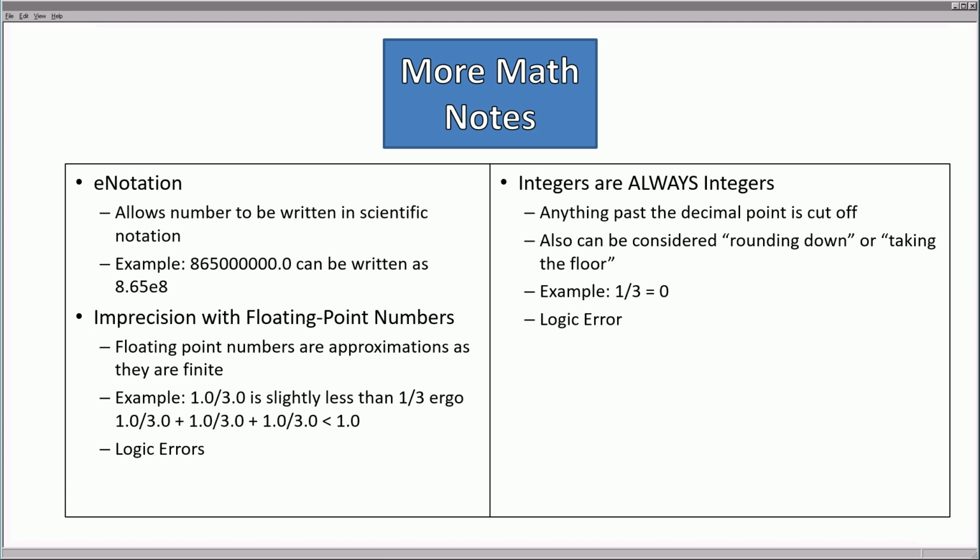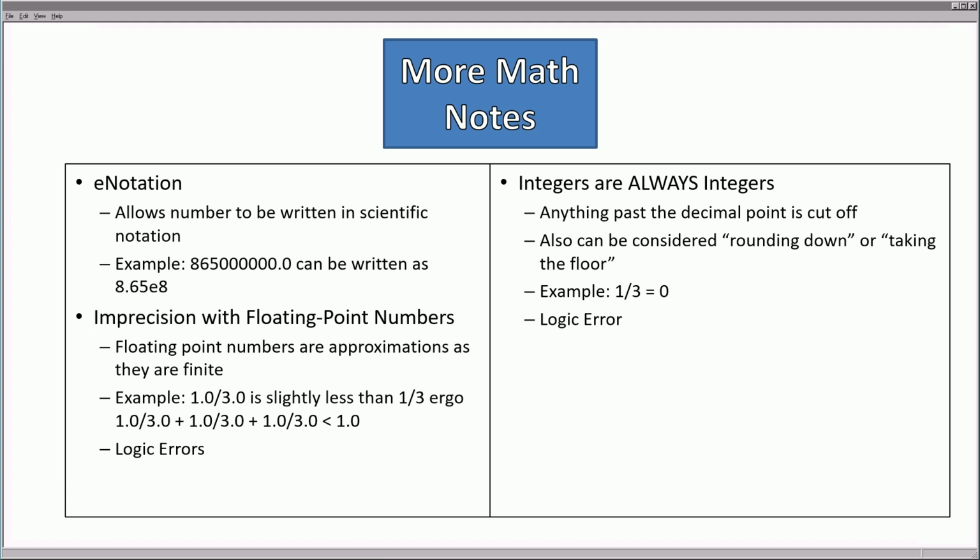Couple other notes to keep in mind. Whenever we're talking about floating point numbers, like a double, they are approximations as they are finite. The thing is, our memory only has a limited amount of space. So if we were to do 1.0 divided by 3.0, as we know, 1/3 is 0.3 repeating, and that 0.3 repeats until infinity, but we don't have an infinite amount of memory.